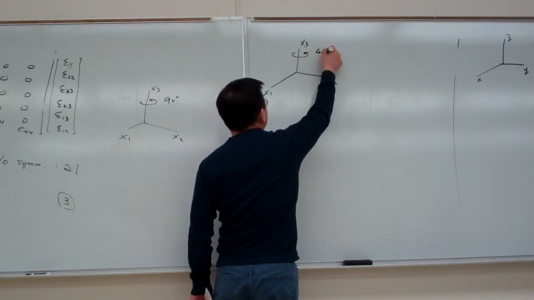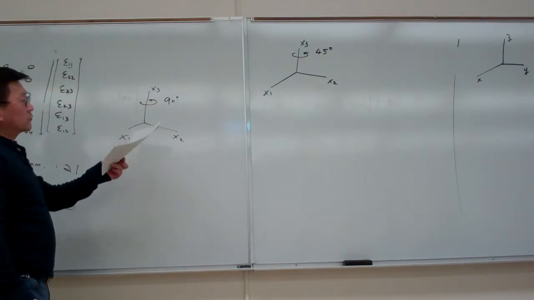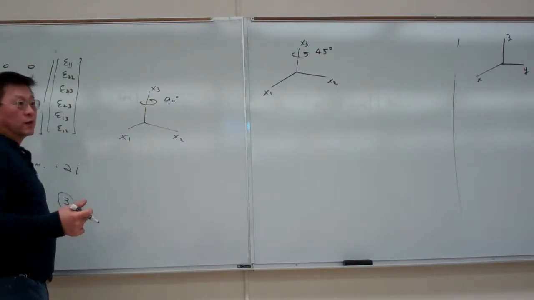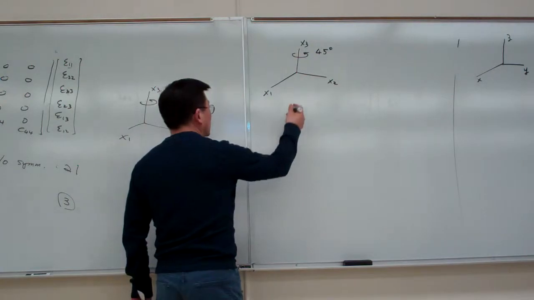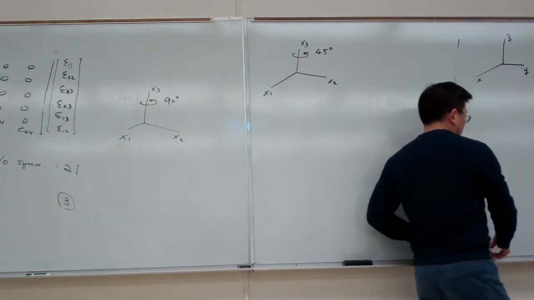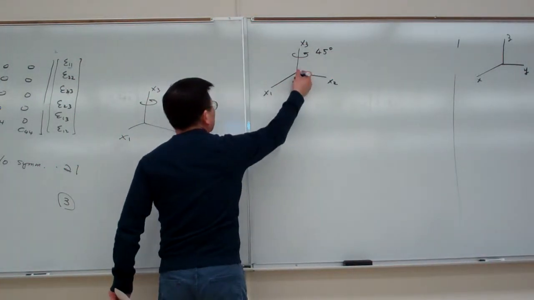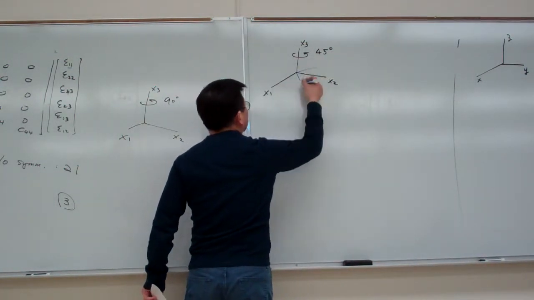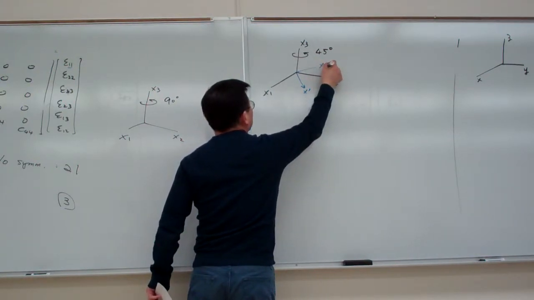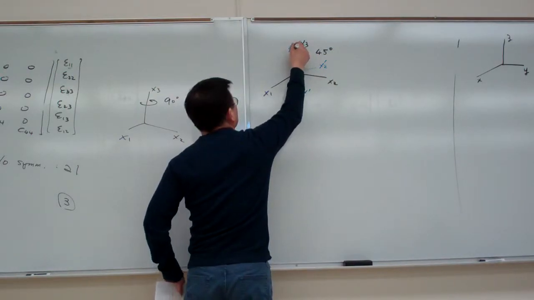So now I want to try rotating about the x3 axis by 45 degrees only and build up the transformation table. So here x1 goes to here, and this is x1 prime and x2 prime, and this is the x3 prime.